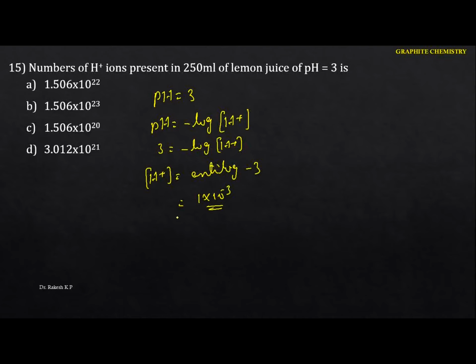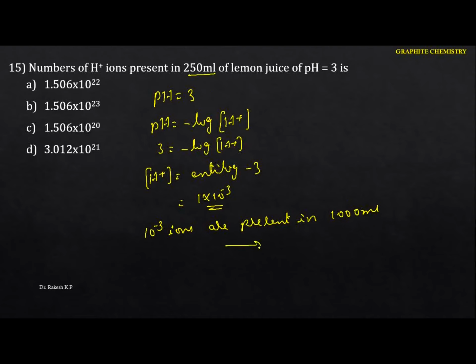Okay, so according to this pH, we got the concentration of H plus. That means 10 to the power of minus 3 ions are present in 1000 ml. But here we have to identify the number of H plus in 250 ml.